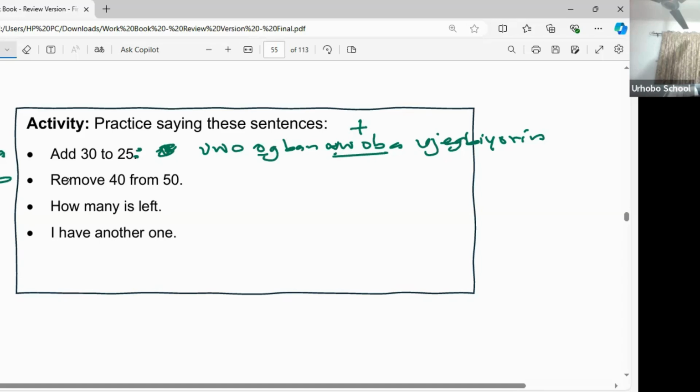Okay. Siono. So I will say, remove 14 from 50.